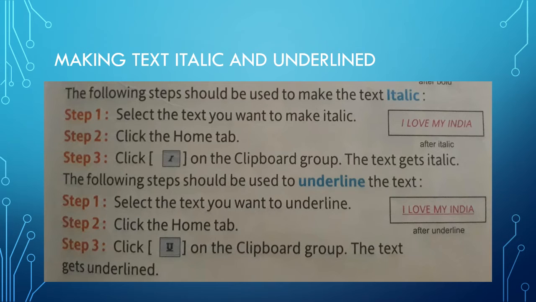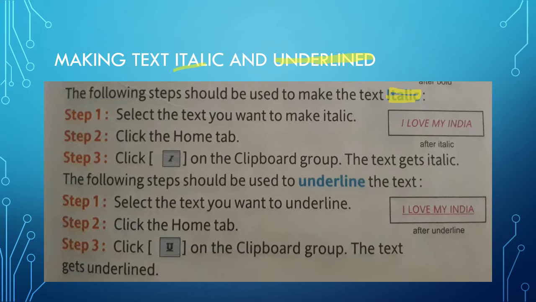Now we see how to make our text italic and underlined. We have to follow a few steps to make our text italic. First of all, we'll go for italic. For that, you just select the text you want to make italic.